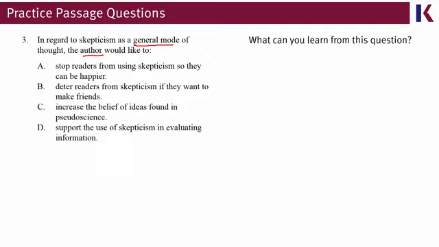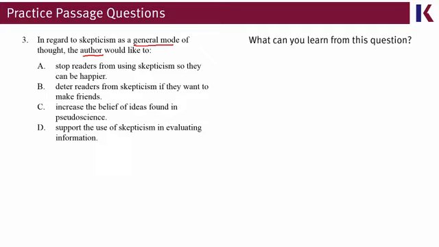Now, what stands out to me about this question is that it's asking about how our author feels. So remember, all those details and all those examples that the author gave in the passage are basically equal in importance to how the author feels about different things, in terms of what's most likely to earn us points on the MCAT. So right here, we have one of those questions asking us, what does the author think? In the big picture, what are his feelings?